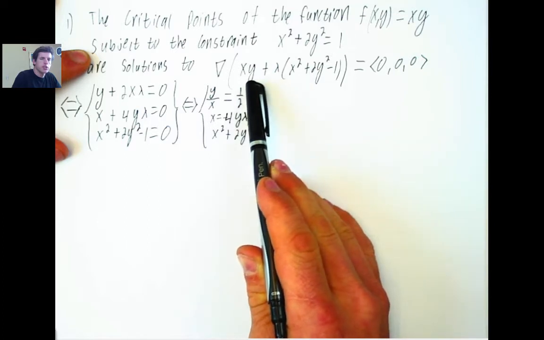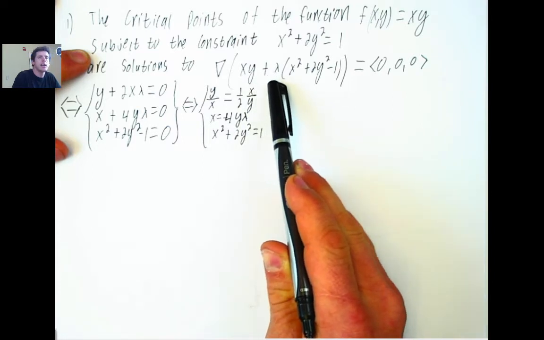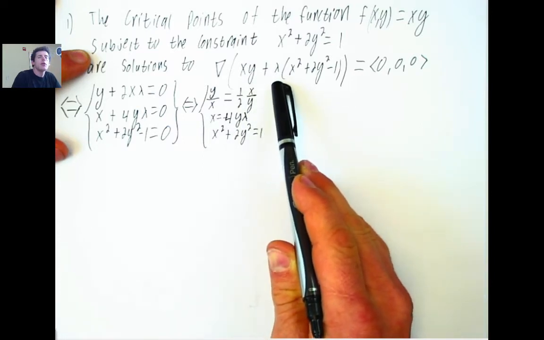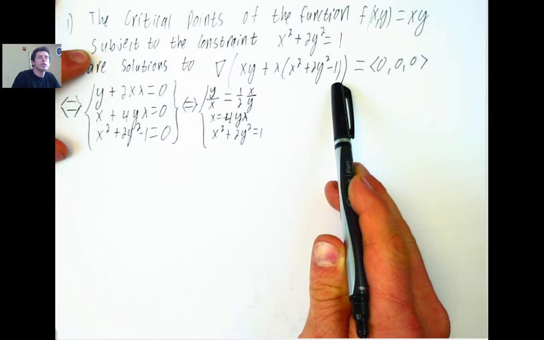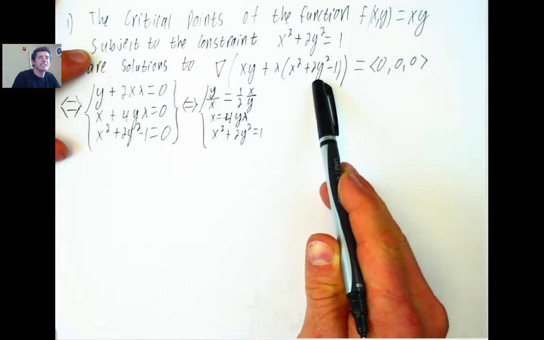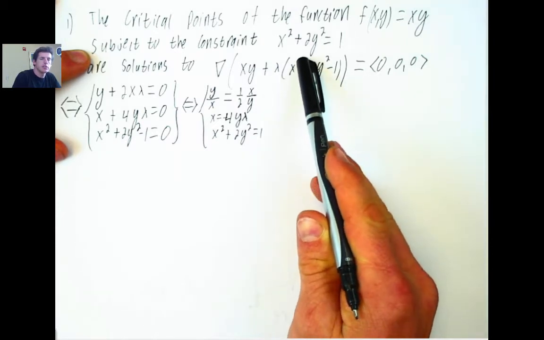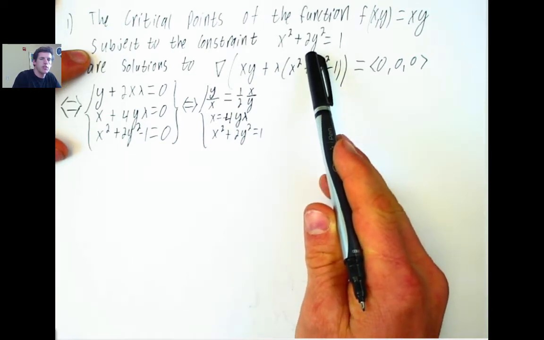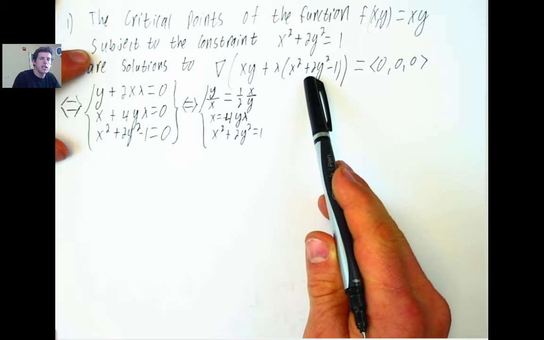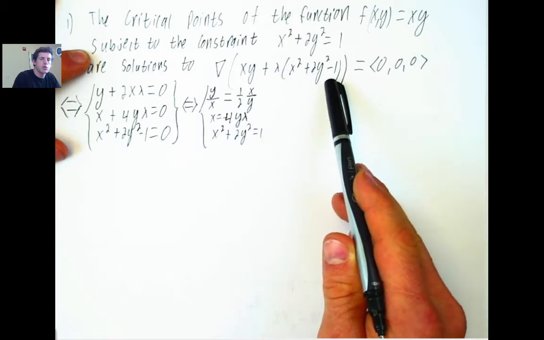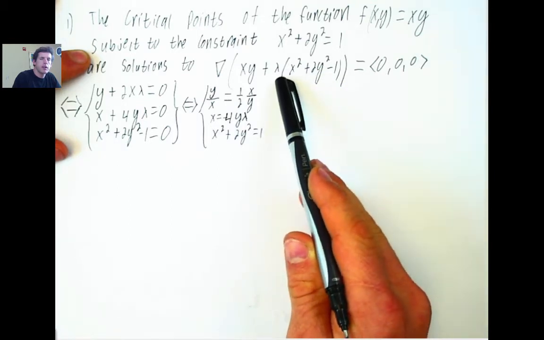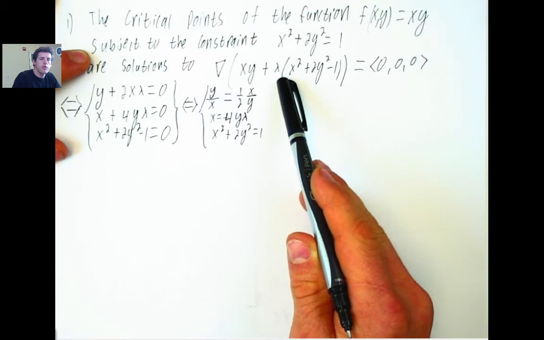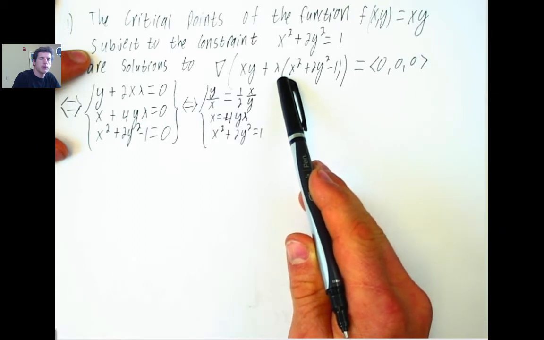Take the algebraic expression for your function plus lambda times a function such that that function equal to 0 is equivalent to the constraint equation. Right? So all I've done is taken that equation, moved the 1 to the other side, and that is what we use as the constraint function. Multiply it by lambda.